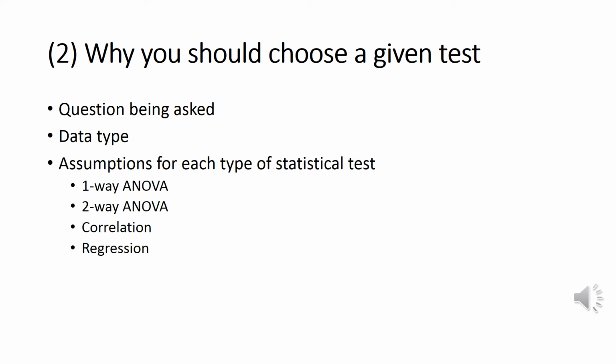Tip number 2, you must be able to tell me why you are choosing a particular type of test. In some cases, the research question will be given, so this will inherently guide you in the right direction. However, in other cases, it won't be given, and so you'll have to decide yourself.